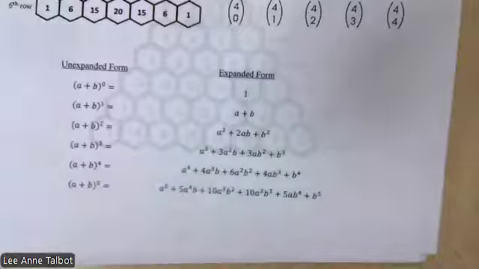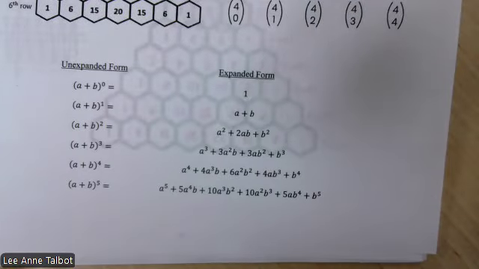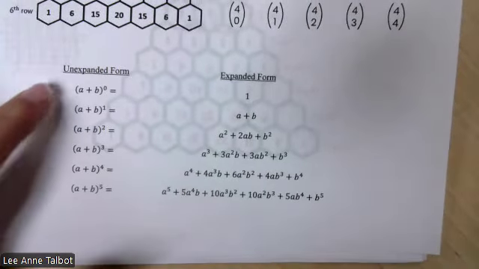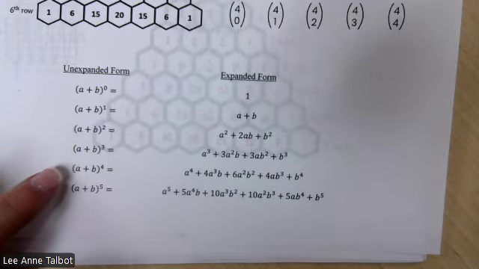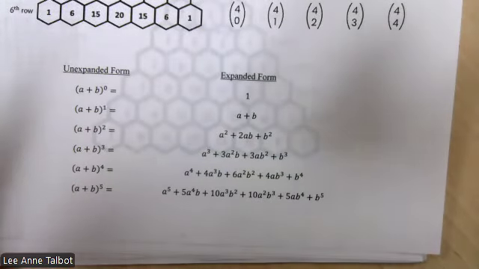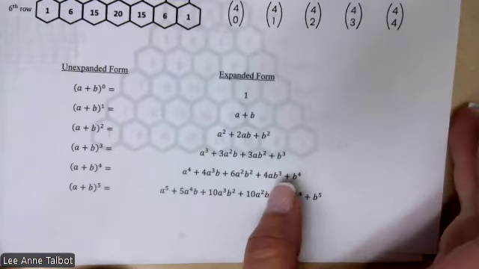And then at the bottom is actually what we're going to use it for, which is binomial expansion. I'm going to show you a way to multiply all of these things out without using boxes. It's much, much faster than boxes by using Pascal's triangle. That's the whole point of this.